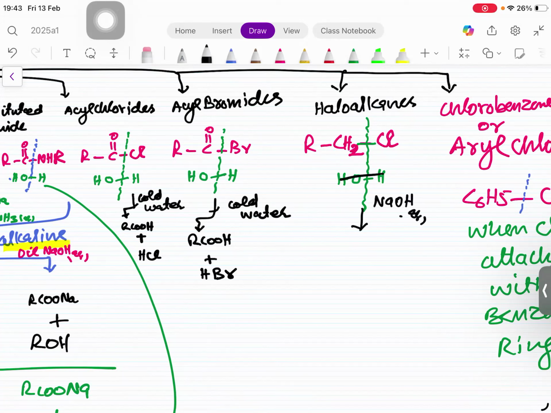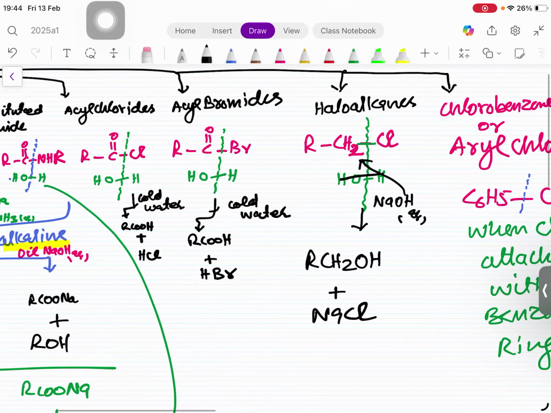The rule is the same: the OH comes in and it is going to be RCH2OH, an alcohol, plus NaCl. A salt is formed. Right? This is called, if you remember, nucleophilic substitution reaction or alkaline hydrolysis of haloalkane. This is the reaction we actually did in the AS syllabus.